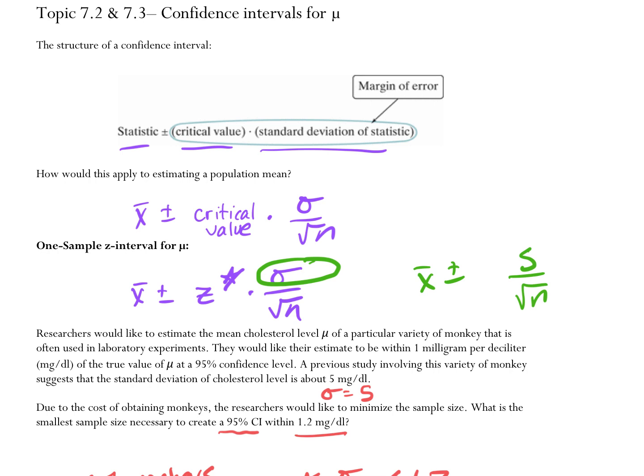So we have to use the sample value, okay? And when we do that, using S in place of sigma on this formula is way bigger deal than using p hat in place of p on this one, okay? Because S is not a good estimator of sigma. And let me give you a really good example, okay?